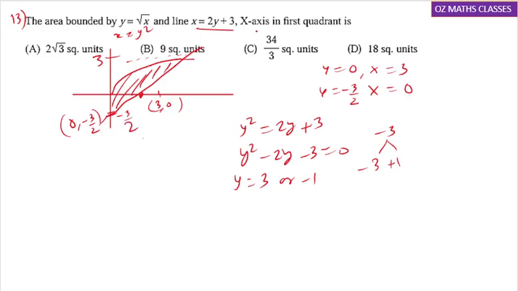So we have to find the area bounded by this curve only in the first quadrant, so ignore the other. We have to find this area. The point of intersection is y equal to 3 or minus 1, and 3 will be in the upper part. Now taking the limits in y coordinates, the area will be from y equal to 0 to y equal to 3.